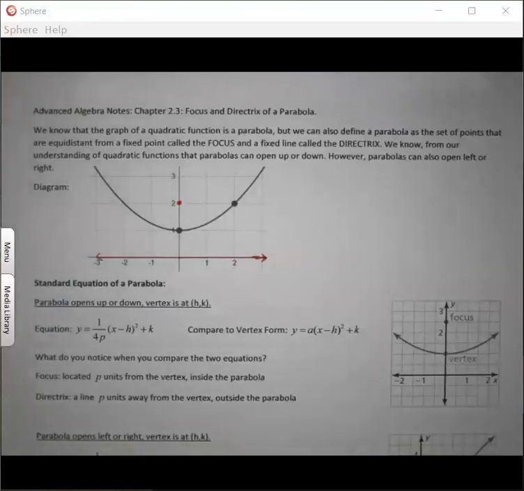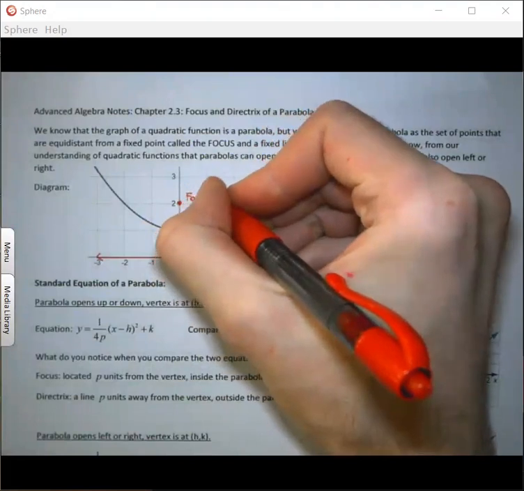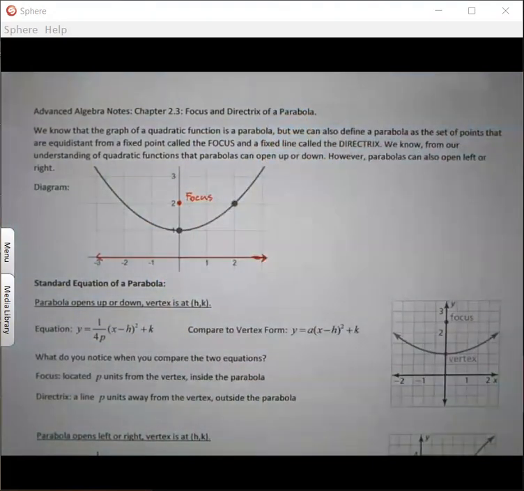So in this video, we're going to talk about a different way to define a parabola. We can define a parabola as the set of points that are equidistant from a fixed point called the focus and a fixed line called the directrix.